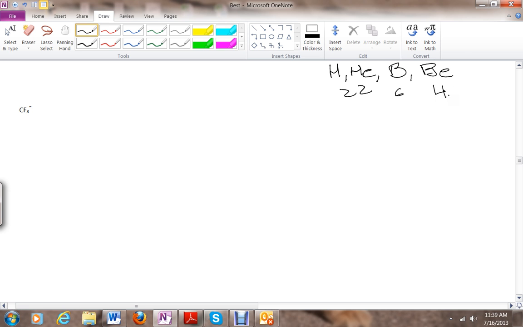Those are the exceptions. Now, carbon is always central. And carbon always has 4 bonds. Now, because carbon hates lone pairs, it is very unstable.